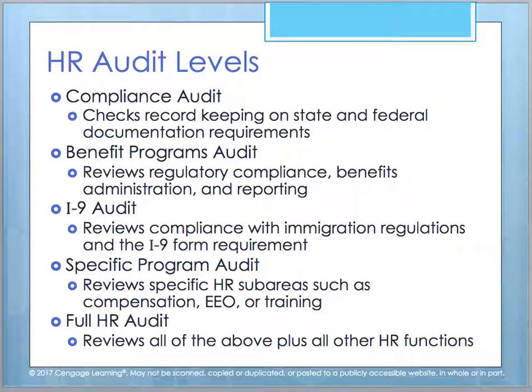We're looking at those immigration regulations and any requirements on the I-9 form, because sometimes there are changes. We're looking at specific program audits to see how we're doing as far as training, EEO, or compensation. And then your full audit is going to review all of that, plus any other HR functions that your company is involved with.